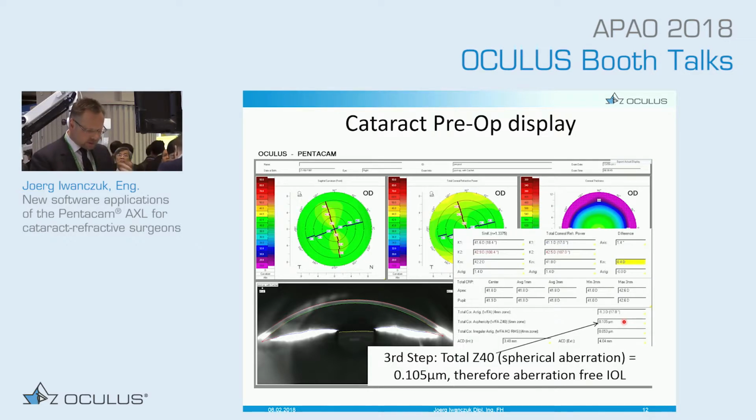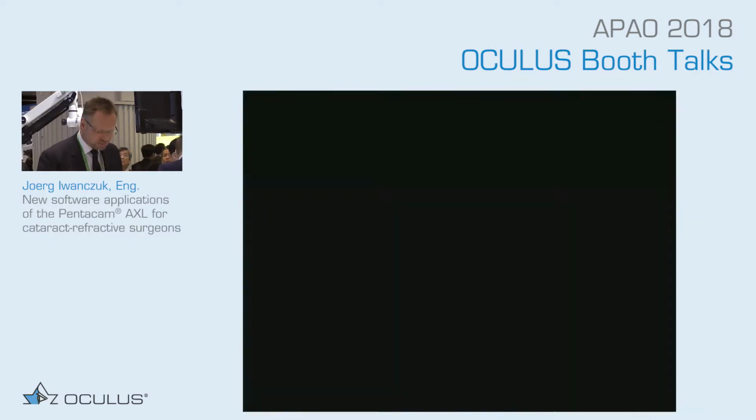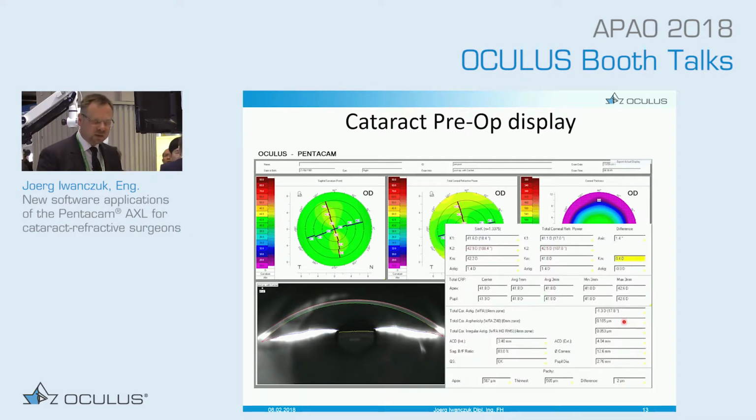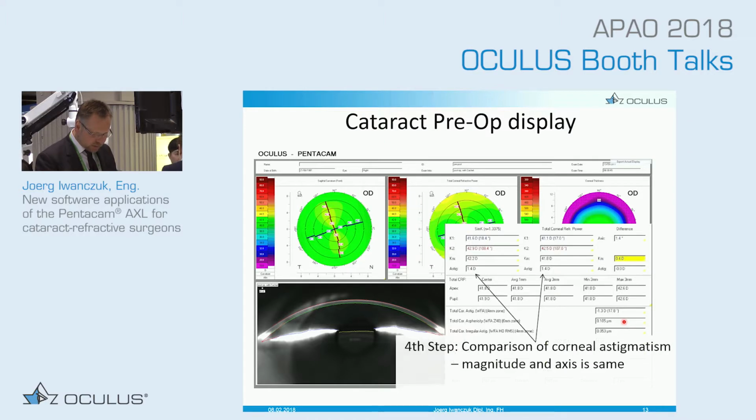And then last but not least, the most interesting point is when it comes to the calculation of toric IOLs, we are looking to the keratometry. Here you have the anterior surface, here you have the total corneal power. So here we look in detail, how does a posterior surface contribute? In this example you see the difference does actually not exist, it's 1.4 degrees.